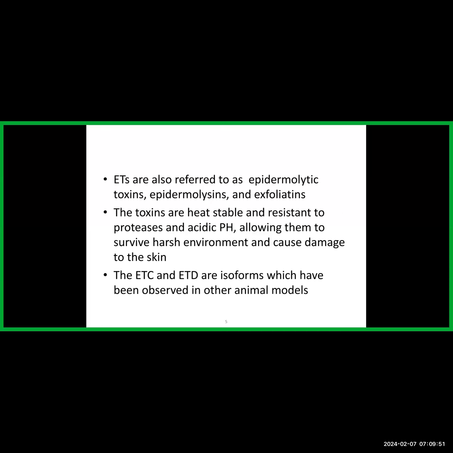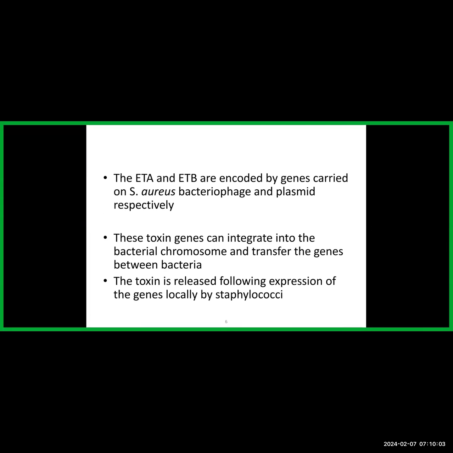The toxins are heat stable and resistant to proteases and acidic pH, allowing them to survive a harsh environment and cause damage to the skin. They are encoded by genes carried on Staph aureus, bacteriophage, and plasmid respectively, and they can integrate into the bacterial chromosome and transfer the genes between the bacteria.